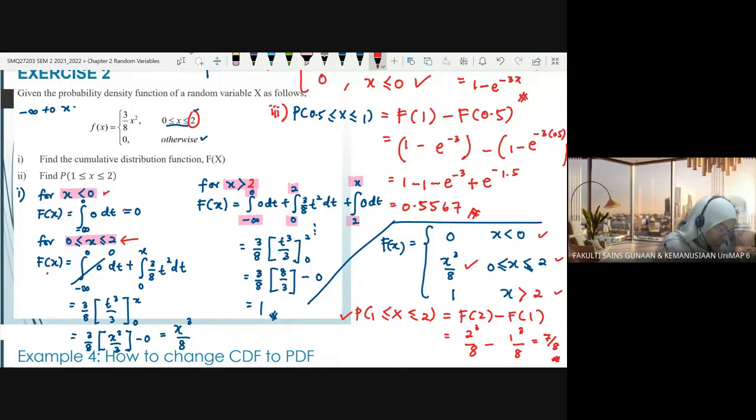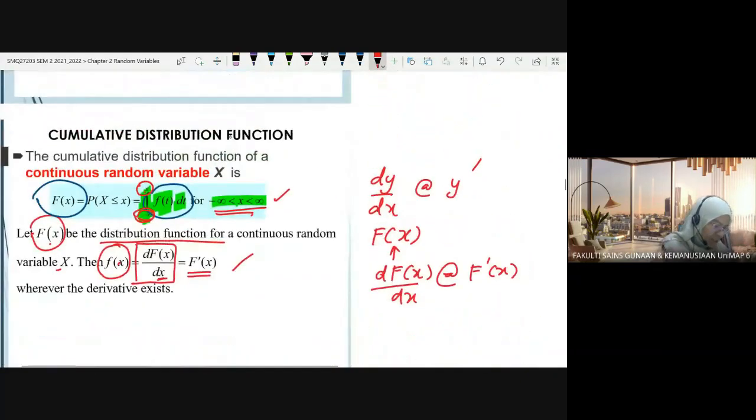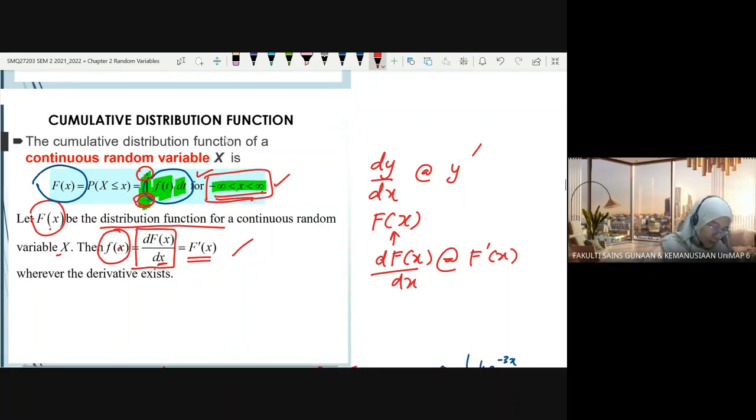Then we know the second condition is 0 until 2. For 0 until 2, we stop at x, following this condition: for the value negative infinity to x.